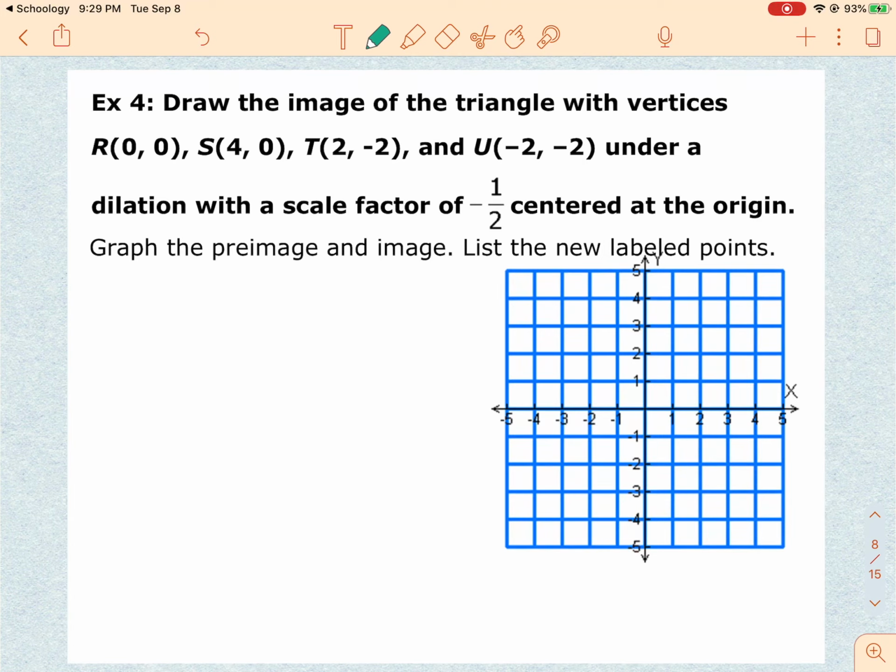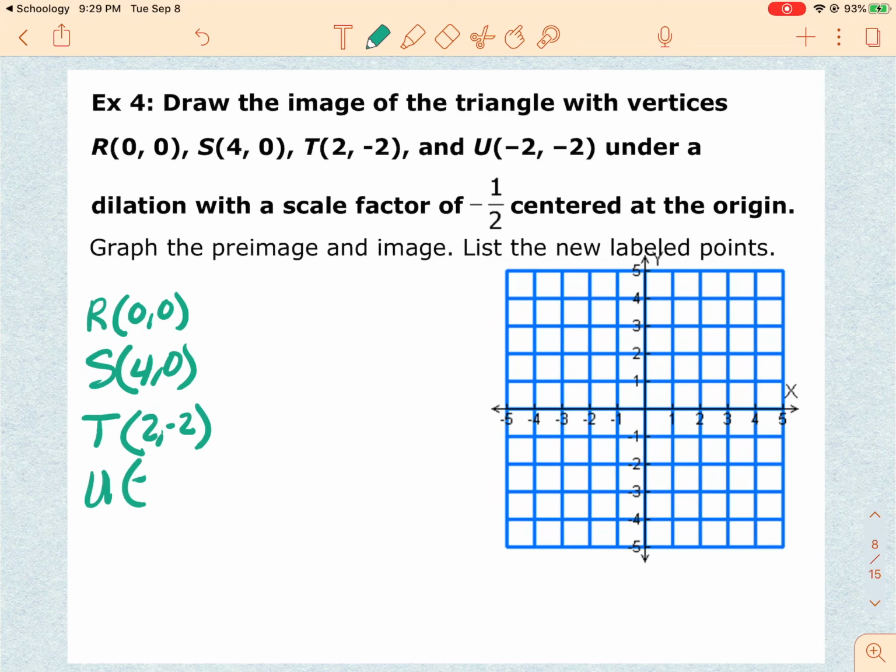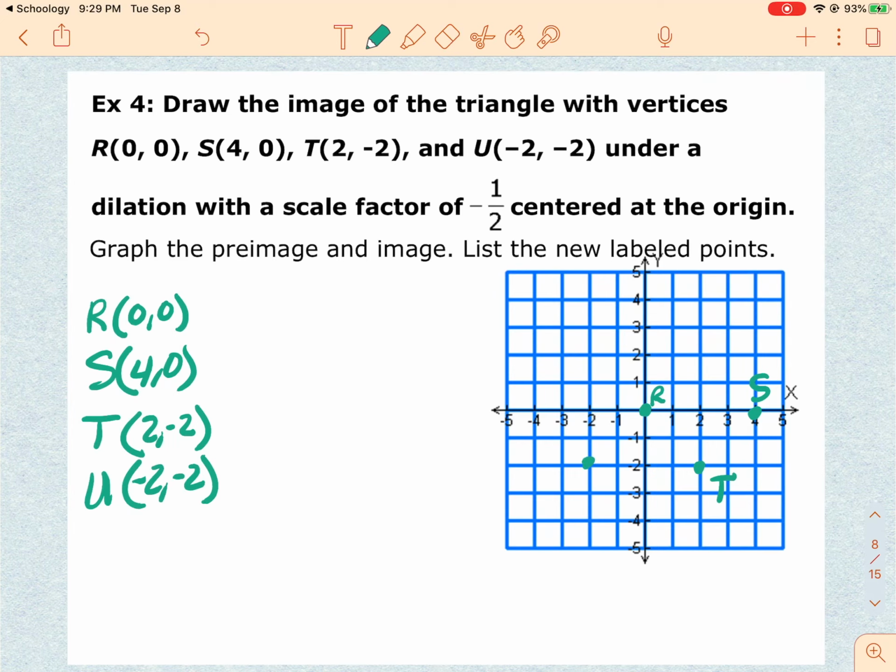So on an example like this, we have our original, and we'll plot each of the points. R is 0, 0, S is 4, 0, T is 2, -2, and U is -2, -2.